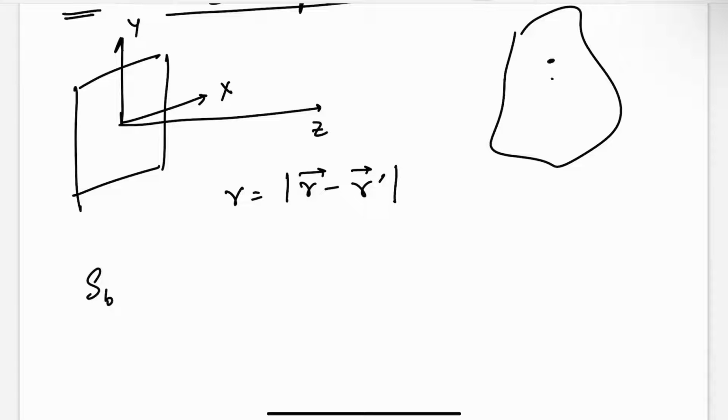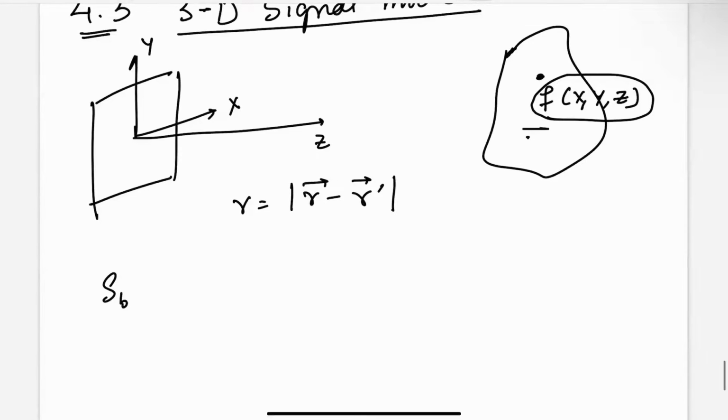And let's say at some point, the reflectivity function, earlier we assumed it's 1, but now it's not going to be 1 because it changes as a function of position. So we'll define more precisely what exactly I mean by this, but let's just say the reflectivity at some point is given by some function of the location of that point, which I can also write as f of r, right?